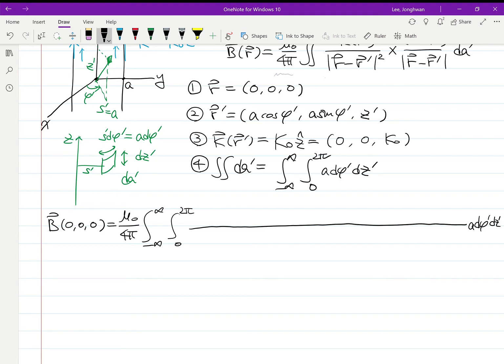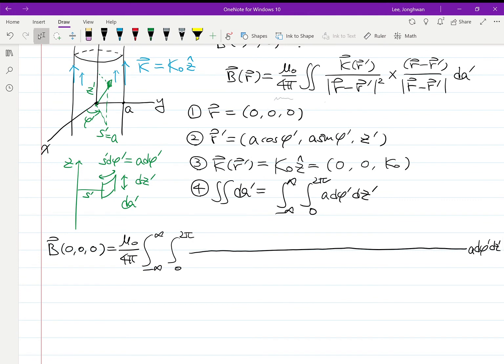Okay, and the numerator will be K first, cross product, and r minus r prime. So we know r and r prime, so we can write down r minus r prime.